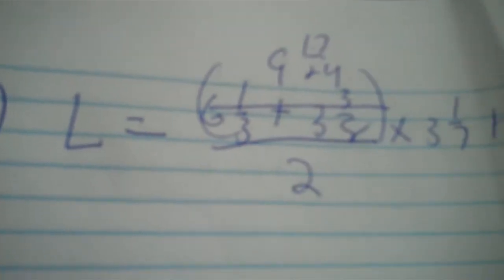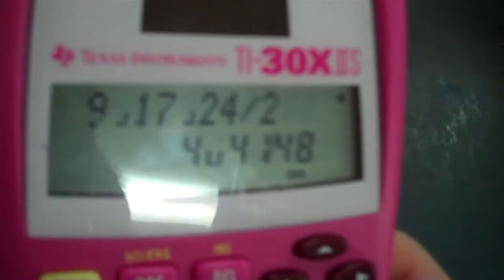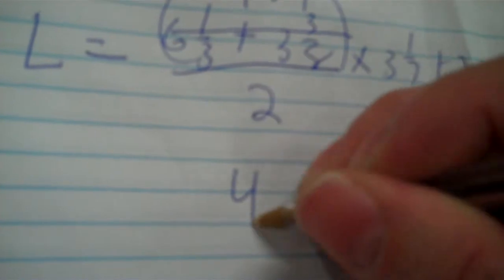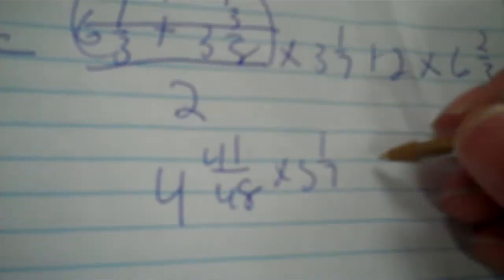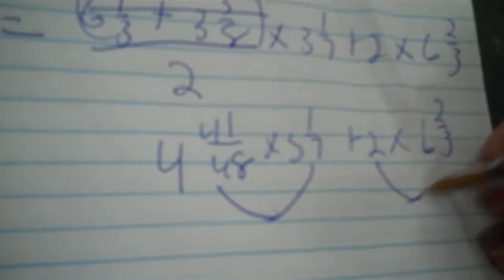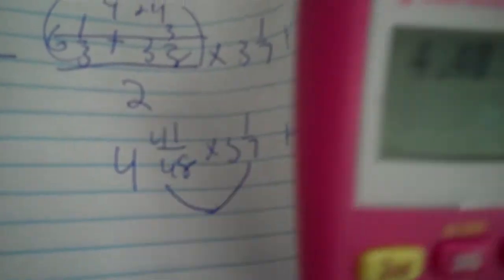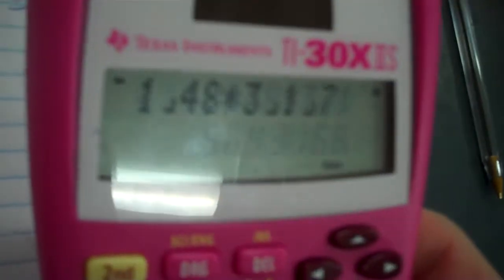Then you do your division first because it comes first. So 9 17/24 divided by 2 is 4 41/48. Then you do your multiplication. So 4 41/48 times 3 1/7 is 15 43/68.